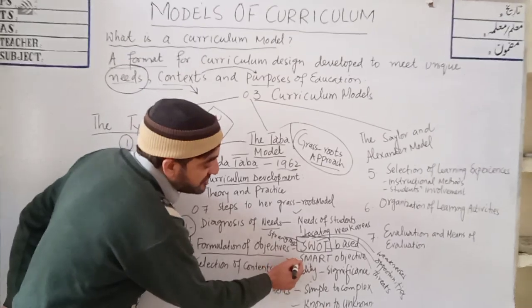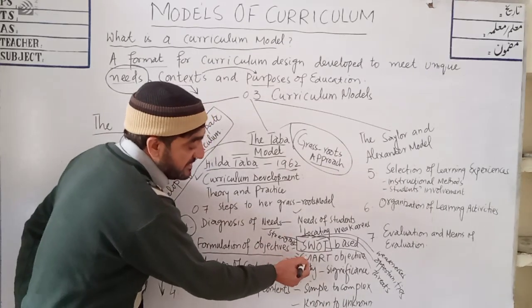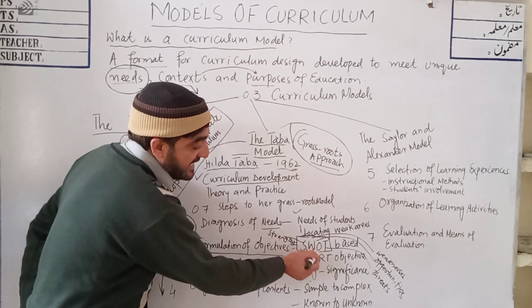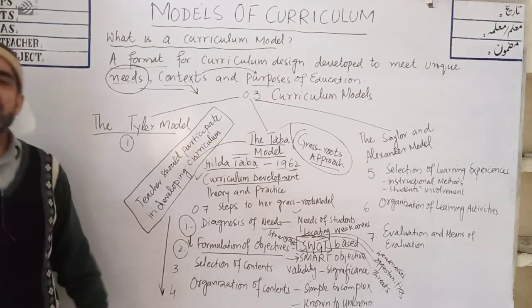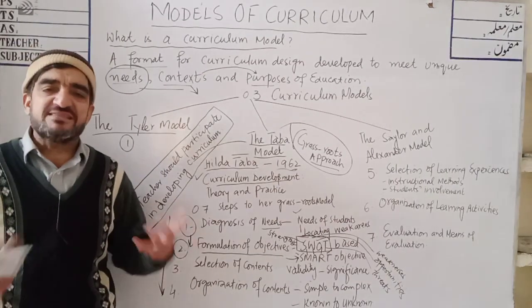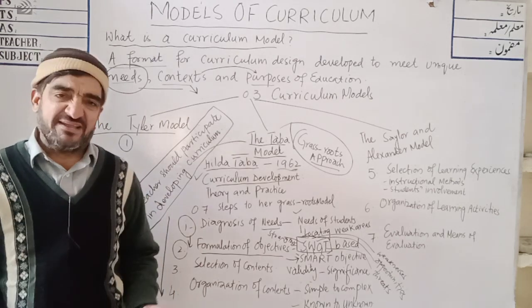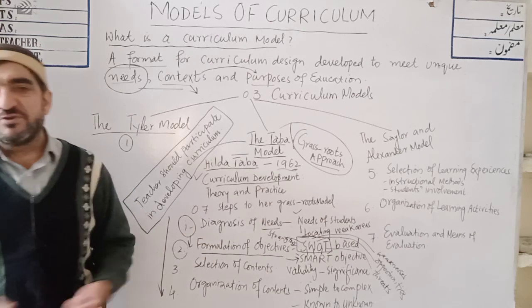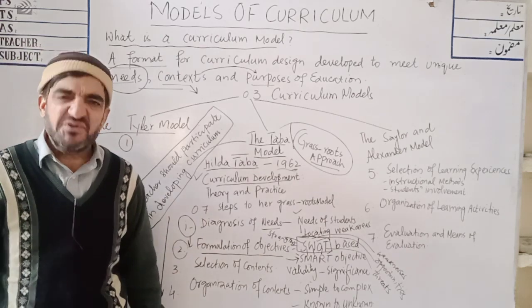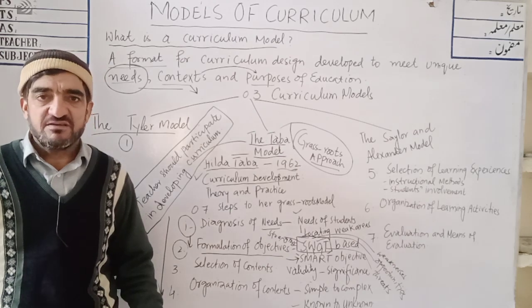And objectives should be SMART. SMART means simple, measurable, attainable, realistic, time-bounded. Unfortunately, the objectives in our curriculum are unrealistic. For example, if you say that students will be able to develop their speaking skill, is it a realistic objective?